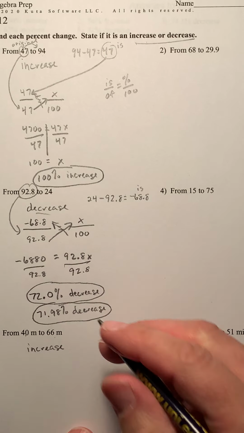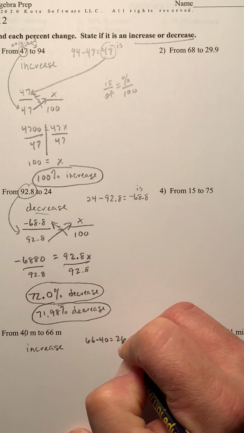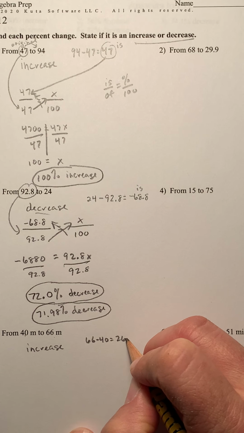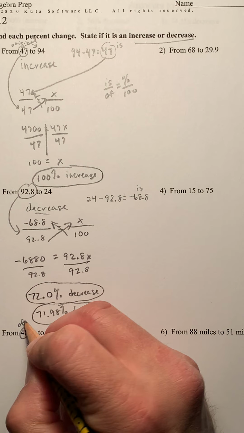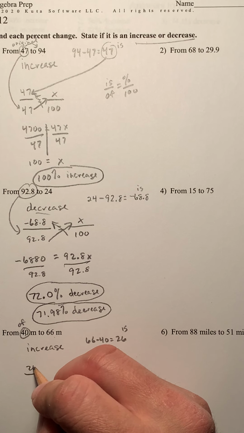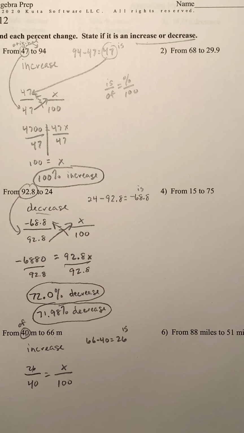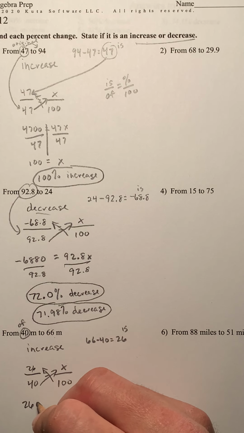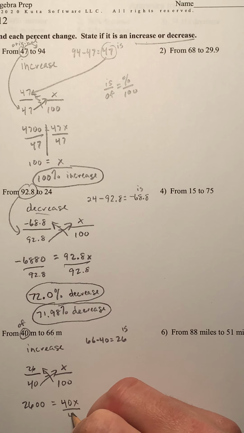All right, in the case of number 5, we're going 66 minus the 40. We're left with 26 to start with. All right, so the 26 is my is number. The 40 is my of number. So I'm going 26 over 40. The x is my percent number. When I cross multiply, I get 2,600 is equal to 40x.